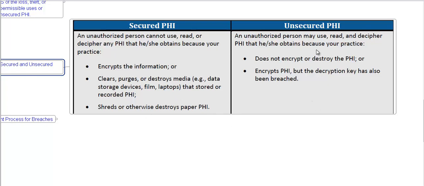Unsecured PHI: an unauthorized person may use, read, and decipher PHI that he or she obtained because your practice doesn't encrypt or destroy the PHI, or encrypts PHI but the decryption key has also been breached.